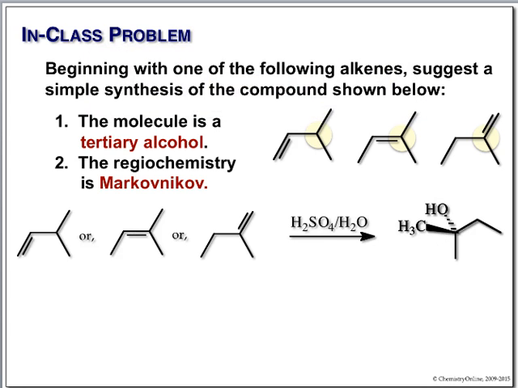Our first one, this guy, this guy. If we simply did acid catalyzed hydration, we would get the carbocation here. Or this guy, we would get the carbocation here, again at the tertiary carbon. And why does this one work? Because we would form the secondary carbocation, which would rearrange to give the tertiary carbocation. So all three of these work to give the same product.